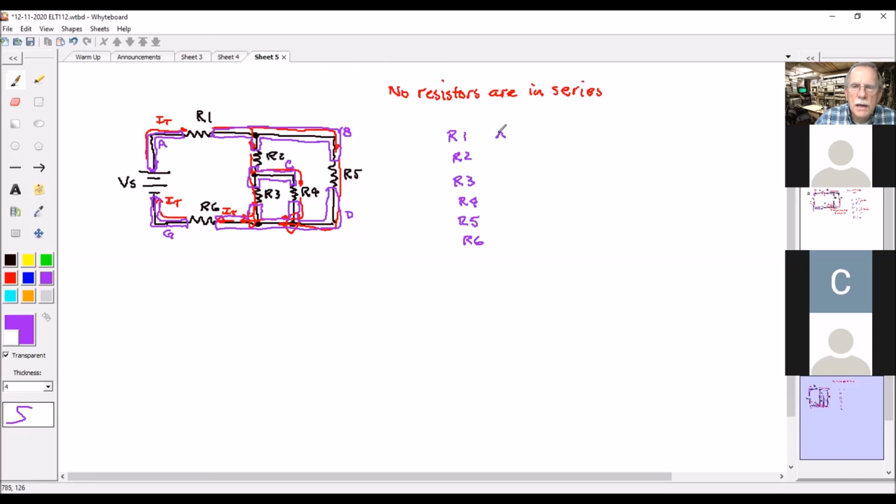R1 goes between A and B. R2 goes between B and C. R3 goes between C and D. R4 goes between C and D. R5 goes between B and D. And R6 goes between D and G. So we figured out already that no individual resistors are in series.